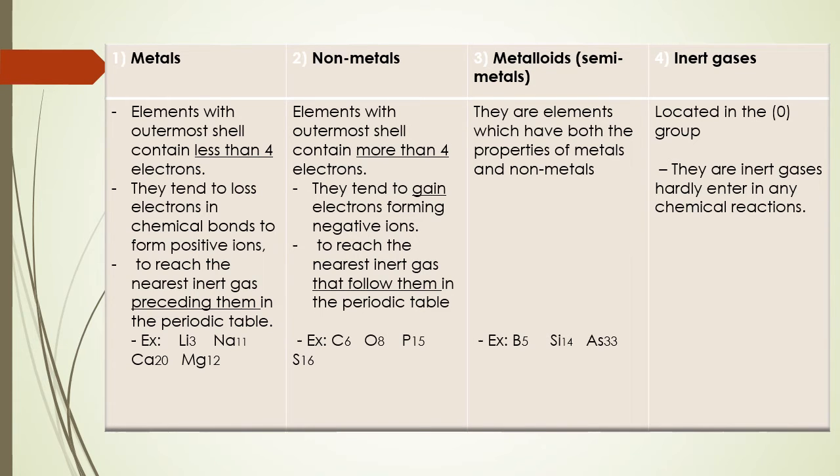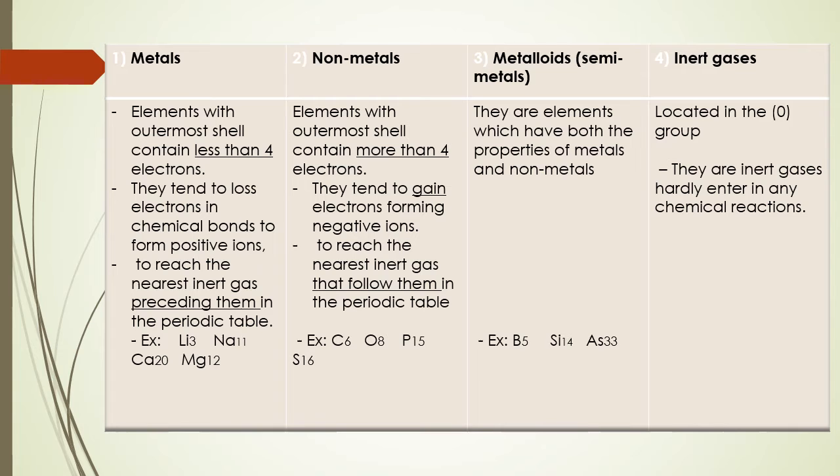Calcium is 2, 8, 8, 2, and loses the electrons in its outermost energy level, changing into positive 2. Magnesium is 2, 8, 2, loses the 2 electrons in its outermost energy level and changes into magnesium plus 2.